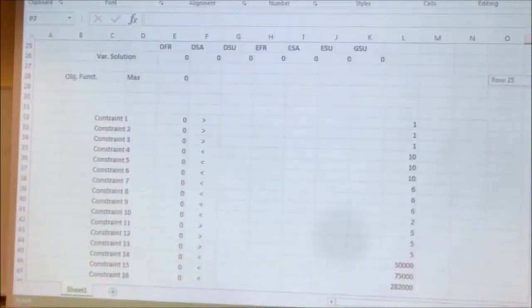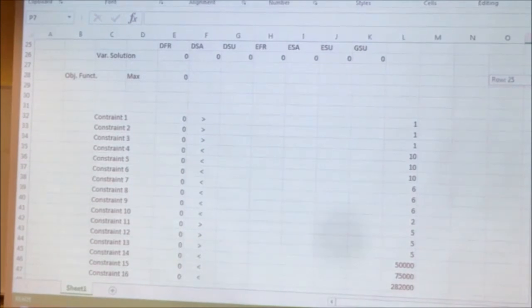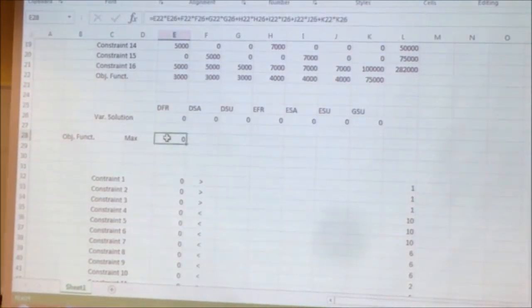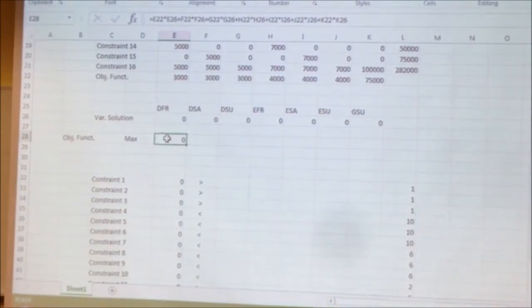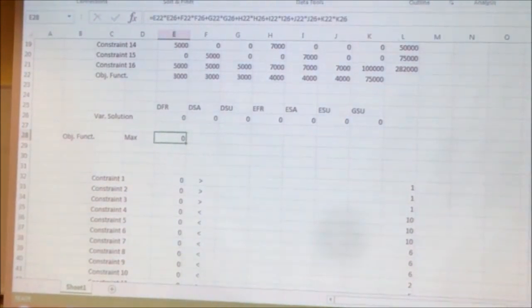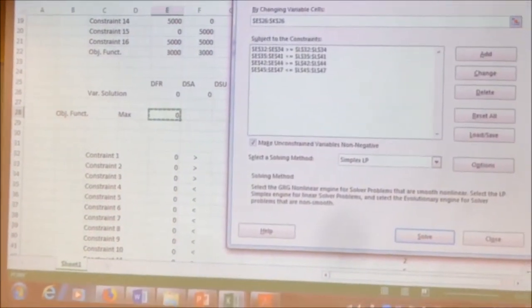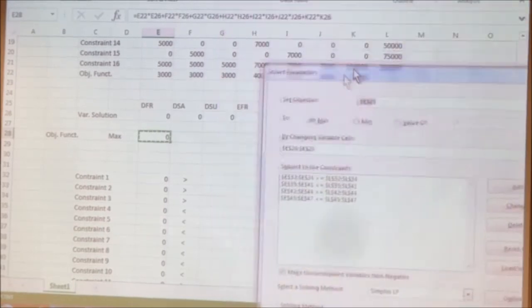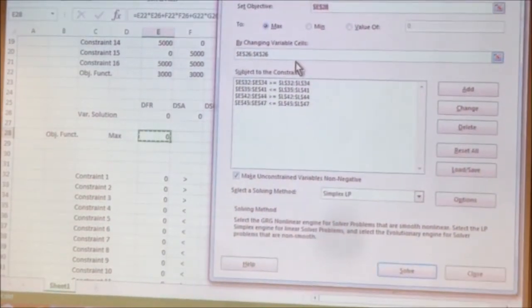Okay, let me go back down here. Here's all 16 constraints, left-hand side, right-hand side. Is this a match? All right, going all the way over to K, that's correct. Here we go, data, solver, E28, is that correct? It is. E26 through K26, that is correct.